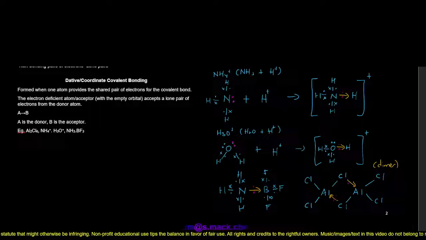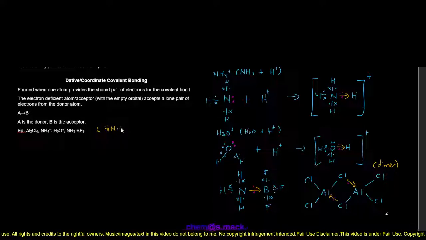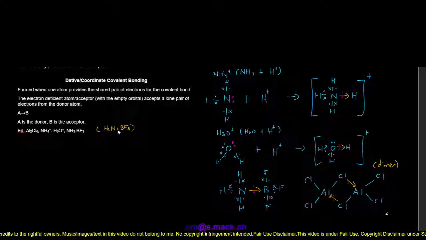So you should be able to draw the ammonium ion, the hydroxonium ion, the dimer, aluminum chloride, as well as that molecule which is given by the formula NH3.BF3. Before I end off, this formula can also be written as NH3.BF3, where the nitrogen is written next to the dot to show that it is the donor atom and the boron is the acceptor atom.